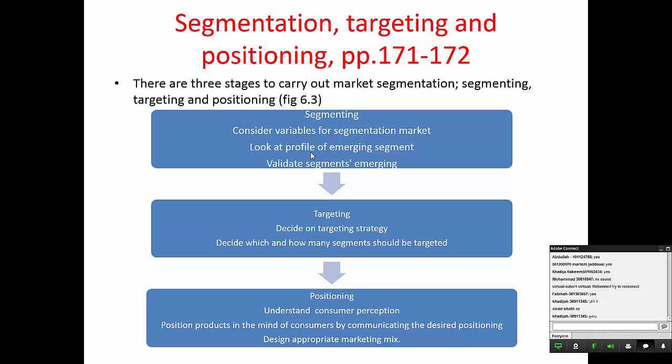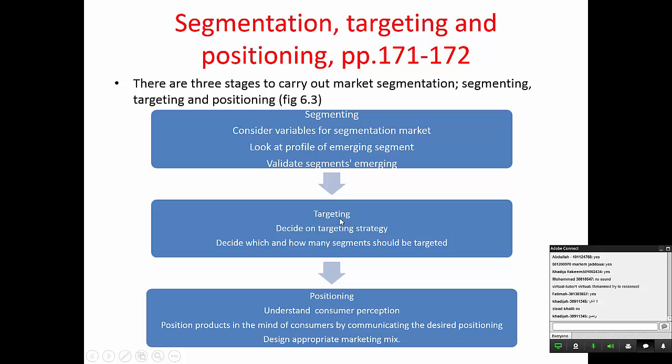After we make the segmentation, we need to decide which group can be profitable to the company. Like for example, when we divide the market into different groups based on their age and based on their gender, we will try to find the segment that can use the product. And this is what we call the targeting.